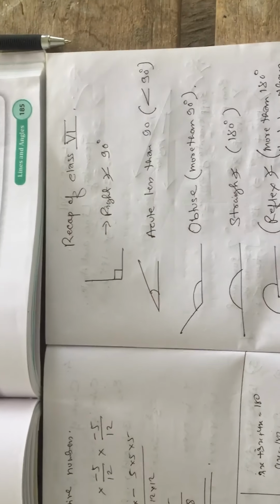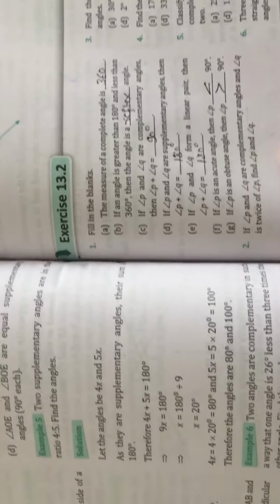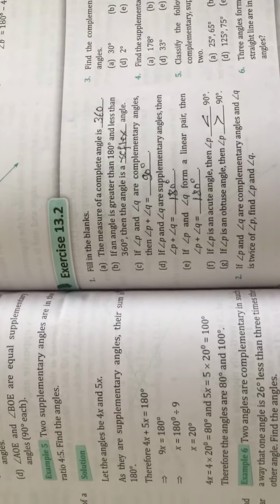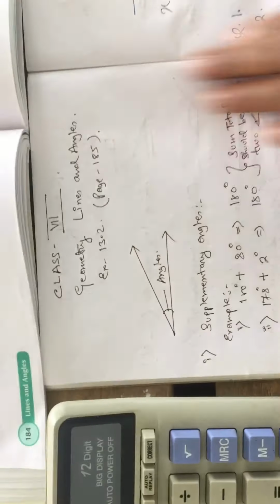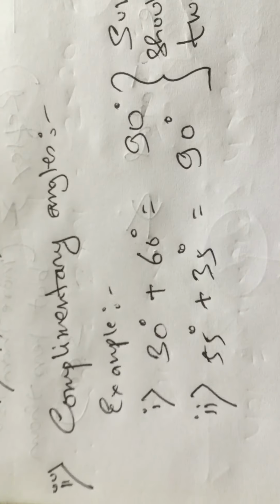So this information will help you to do the fill in the blanks of 13.2. However, before coming to the exercise, let us have some more special types of angles which we are supposed to discuss. In this chapter we have two main types of angles to discuss. One is the complementary angle.